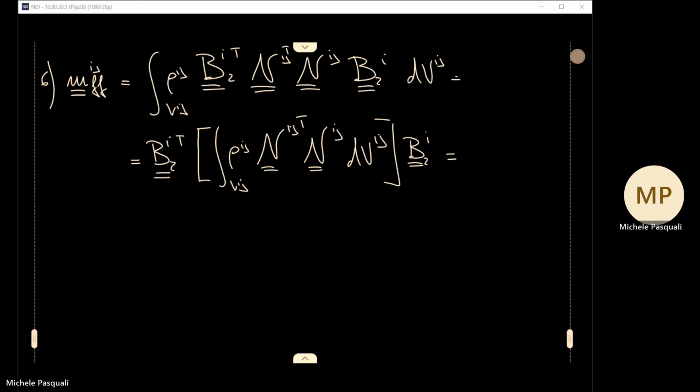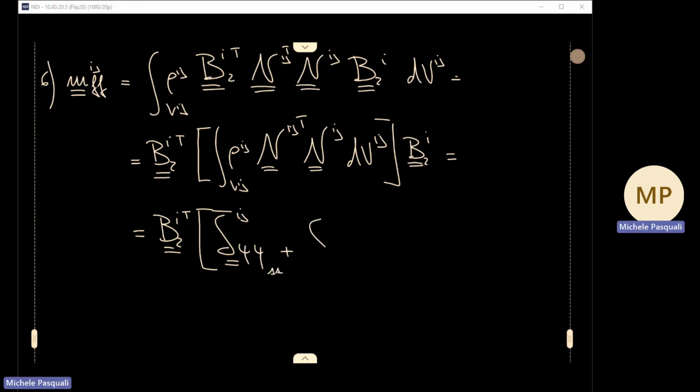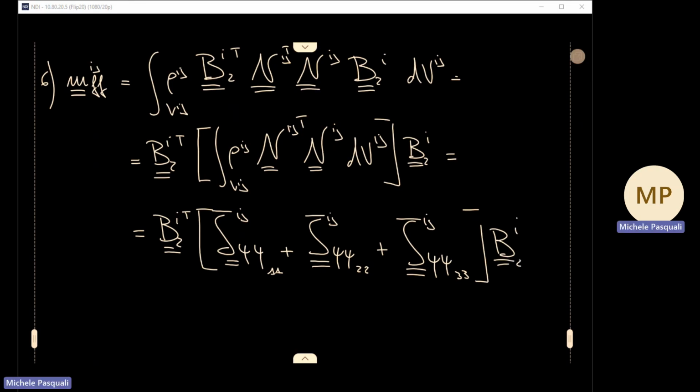And this can be written as such: B2 I transposed applied over S psi psi over bar ij 1 1 plus S over bar ij psi psi 2 2 plus S ij psi psi 3 3, multiplied by B2 I. Okay, let's see. And of course, everything here is constant in time.